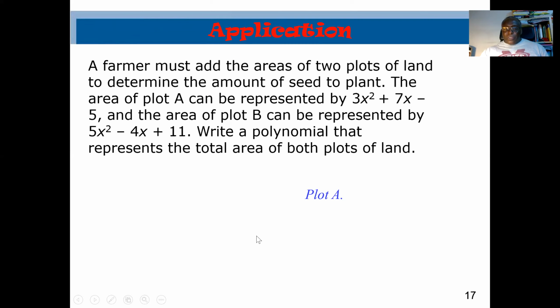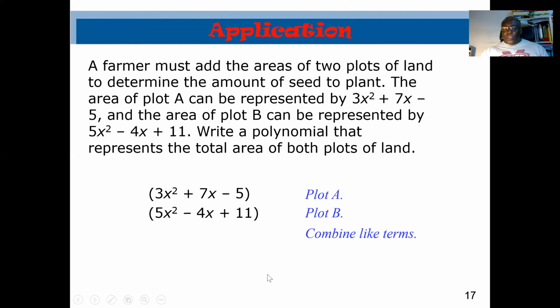So we are going to write the first plot A, and plot B is this. And what are we finding? The sum of the two areas. So we just have to do addition here, combining the like terms. We have 3x squared plus 5x squared. The terms are the same, so we combine them. 7x and negative 4x, the terms are the same, so we combine.